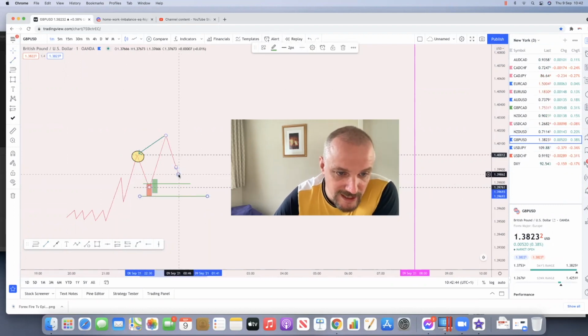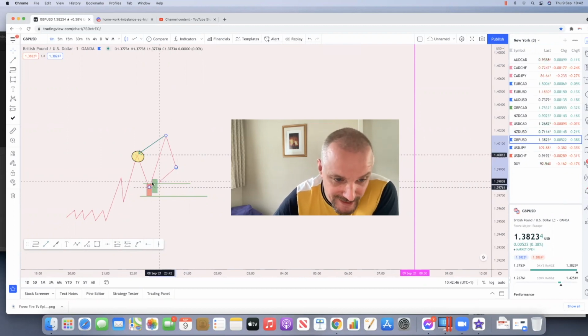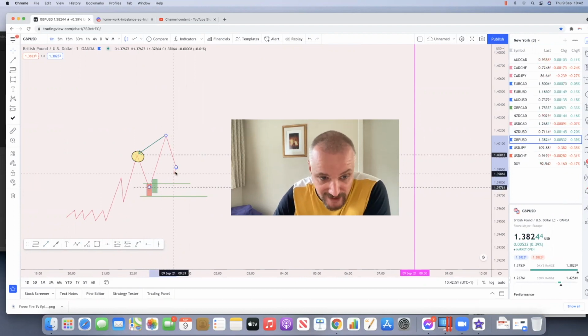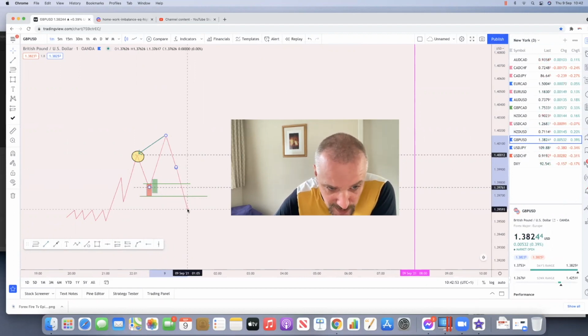And the only way this will become an invalid area for an entry is if price breaks through.